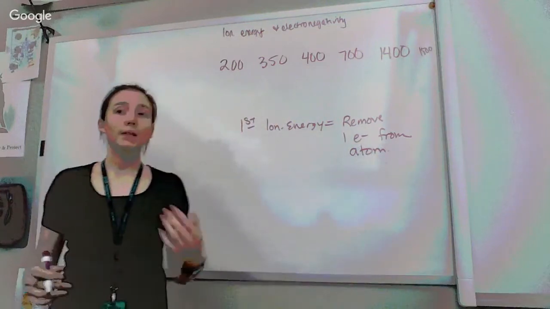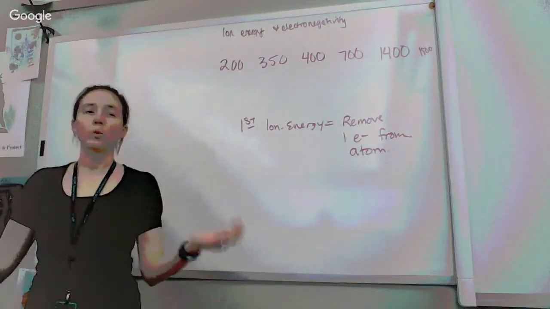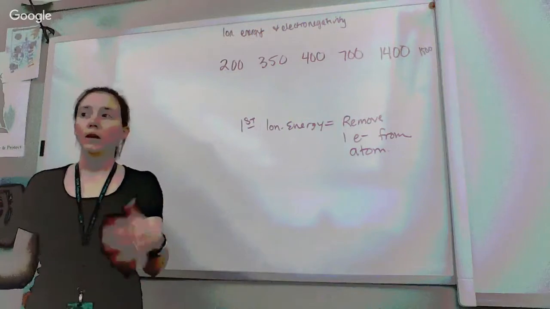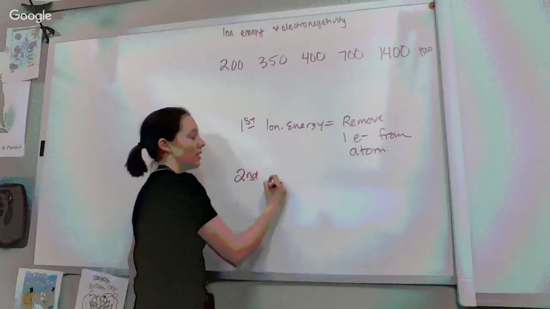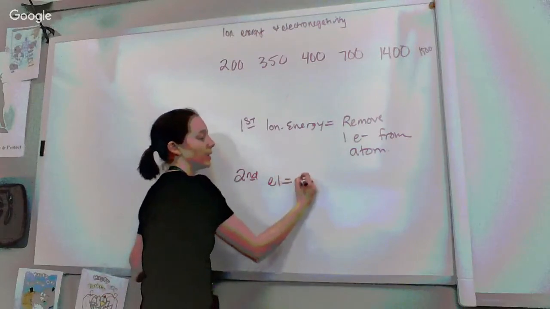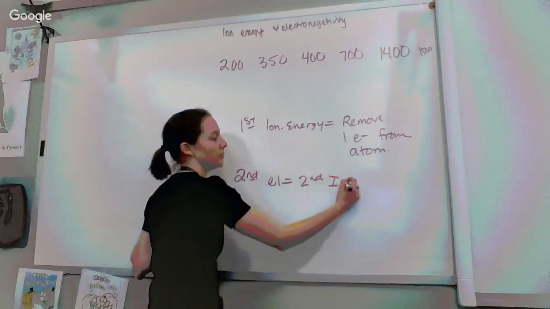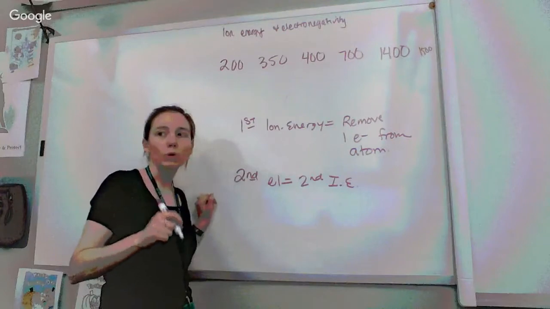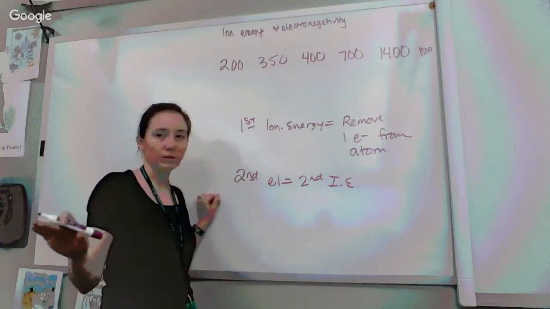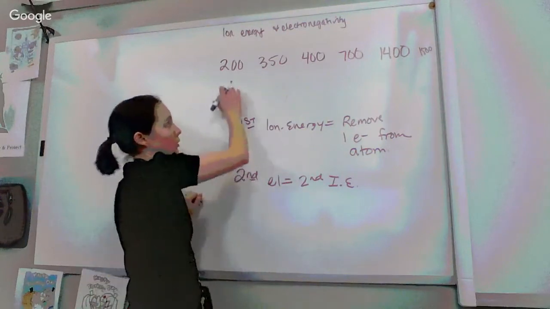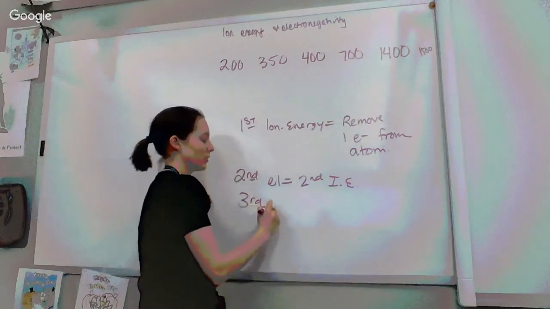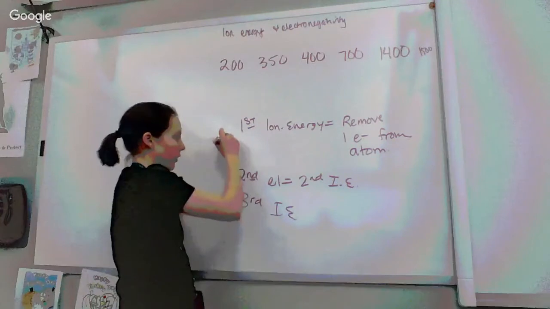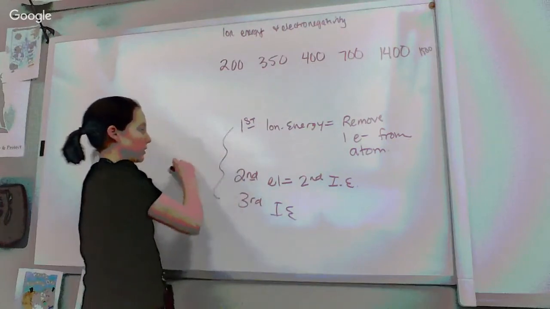But you could have a second or a third or a fourth or a fifth ionization energy. When you remove the second electron, that becomes your second ionization energy. And it will always take more energy to remove an electron. Always. So you'll see that it increases: third IE, and so on and so forth. It will always increase.